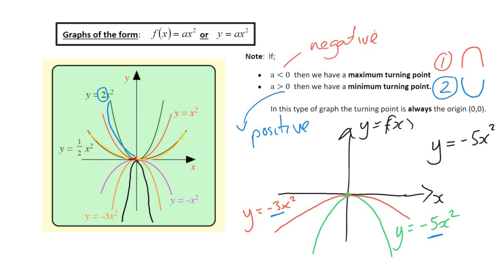Equally, if we were to go a little steeper, then that could be something like y equals minus 8x squared. And the same is true for the positive. If we have our 2x squared, or y equals 2x squared, then the steeper we get, we're expecting something along the lines of, say, 7x squared.